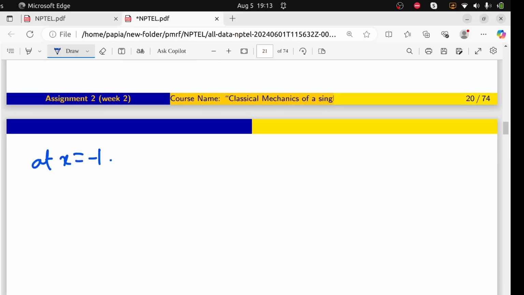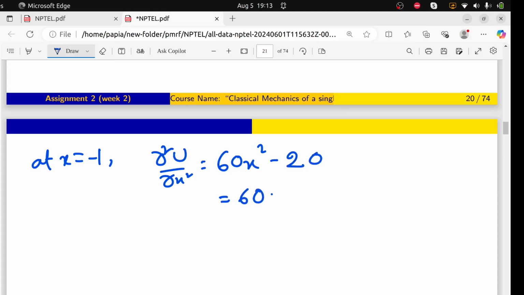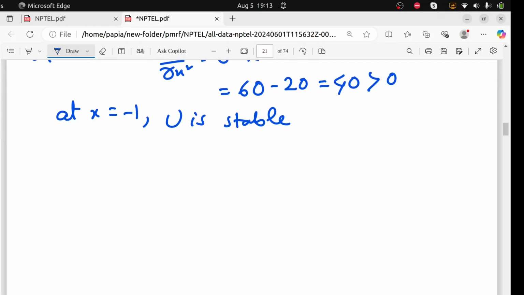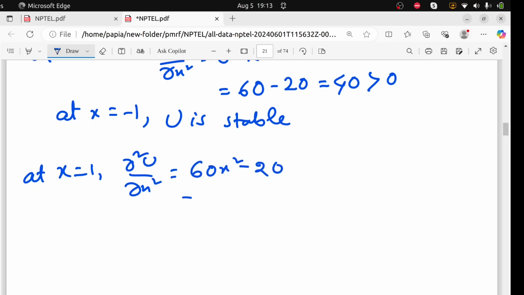At x equals minus 1, del 2U del x2 is 60 minus 20, 40, greater than 0. So at x equals minus 1, U is stable. Now coming x equals 1, del 2U del x2 is 60x square minus 20. Again it is 40, which is greater than 0. So at x equals 1, U is stable.